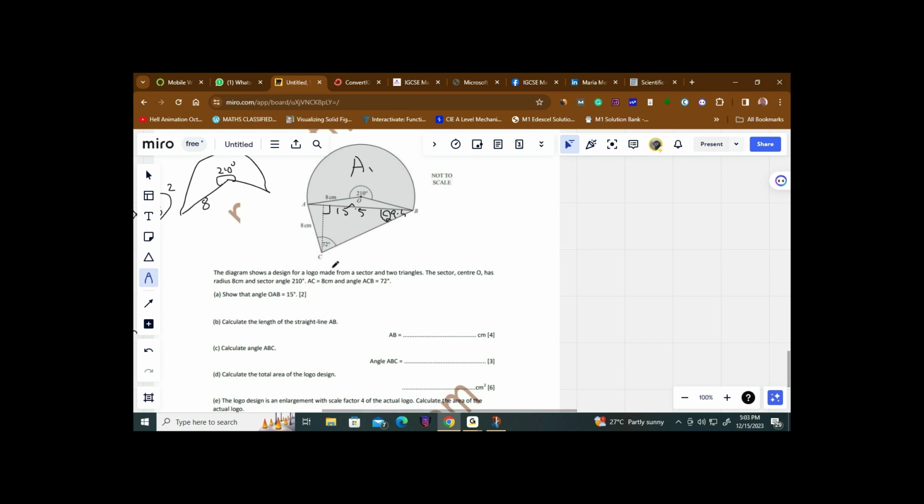So my A3 is half times, what is my base? My base is AB, and my height is C. I call this point X, so the height is CX. I know the base value, AB is 15.5. I need to find my CX.